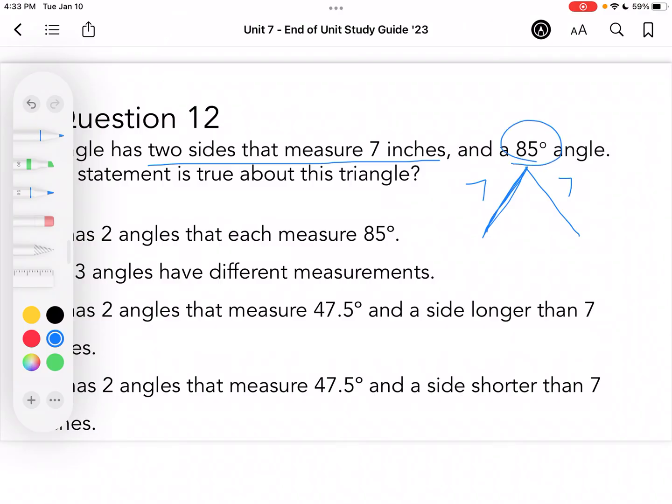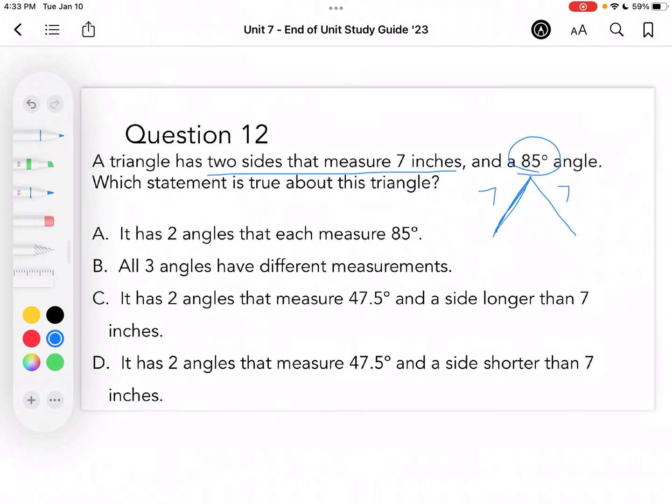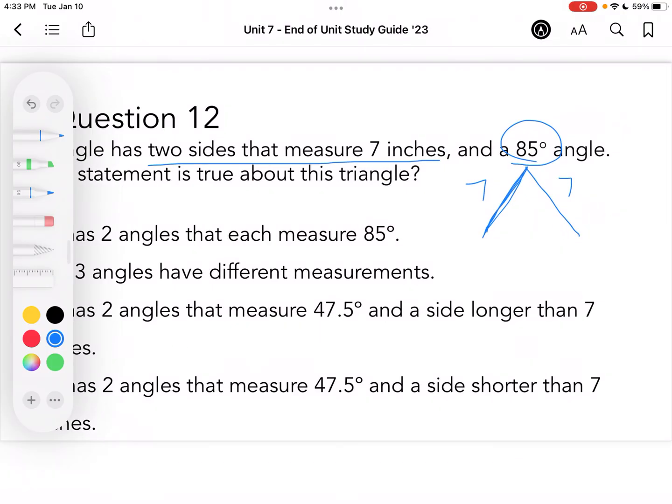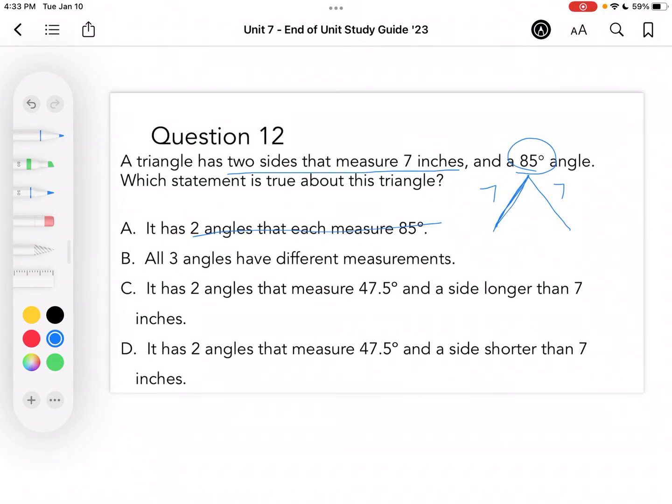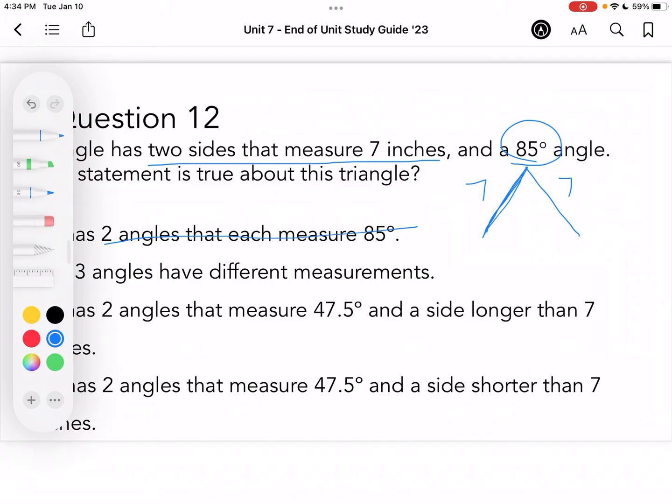And I can't have 2 85-degree angles. That can't happen, because that doesn't add up to 180. So this one's out. I can't have 3 angles that are different measurements because in isosceles triangles, 2 angles are the same. So this one's out.